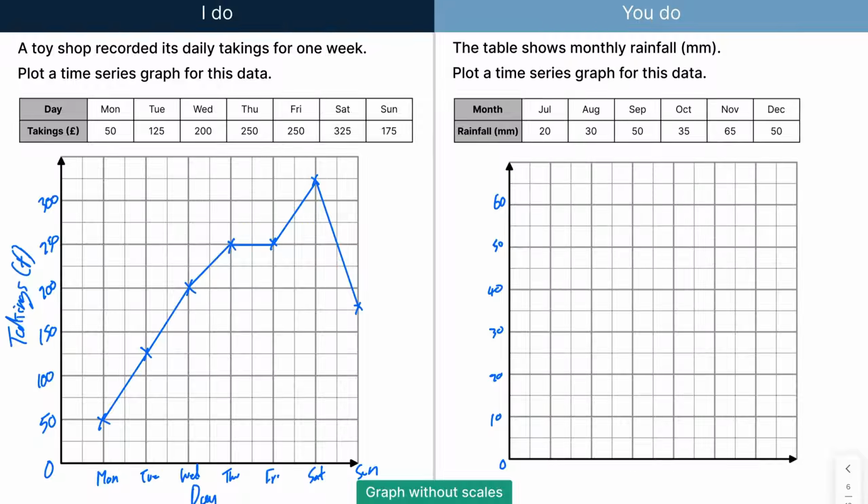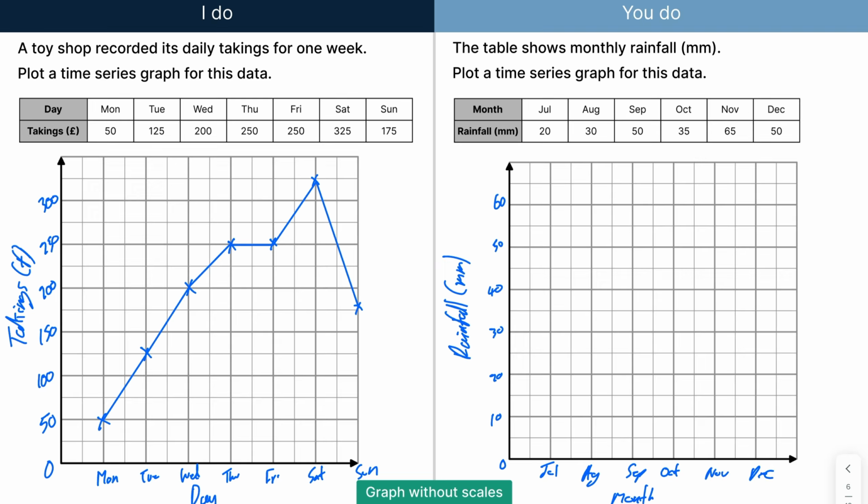And we're just going to label that. What is it? Rainfall. So rainfall in millimeters. And on the axis below, we will have the month. So that is July, August, September, October, November, and December.